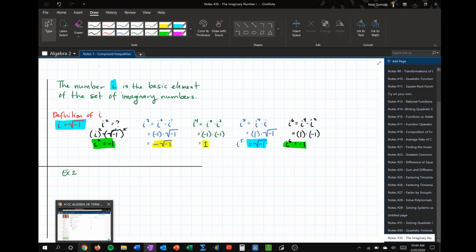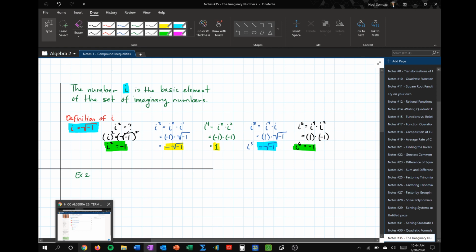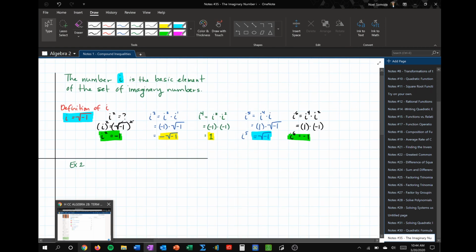Okay, so the same would be the case if we went to i to the 7th, right? So without having to do the work, you can see how then i to the 7th is i to the 4th times i to the 3rd. Well, you know i to the 4th is just 1, so your answer is just i to the 3rd, negative square root of -1.